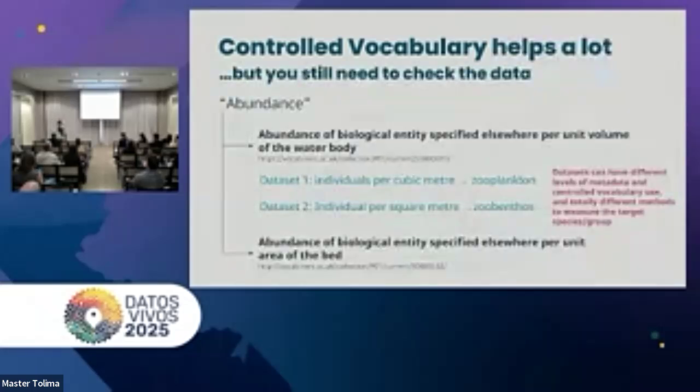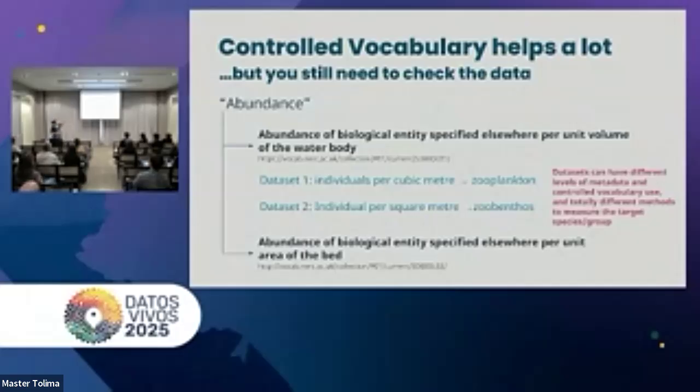Next slide. While controlled vocabulary is a really great tool and can help a lot, you do still need to double check. For the example of abundance, just because it says abundance of the water body or abundance of a biological entity, that could mean different things.